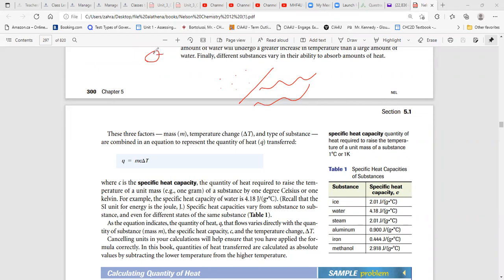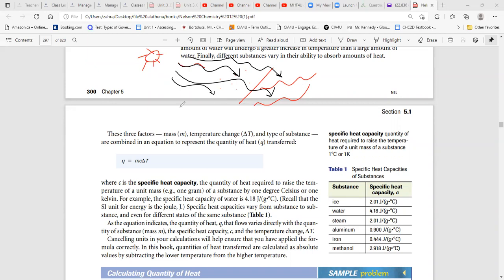The sun is shining the same way, the heat is coming from the sun, the same amount, and the heat will be absorbed by the water and the sand. But when you walk on the sand, you will see that it's very hot and you just want to go to the water, and the water is cool.